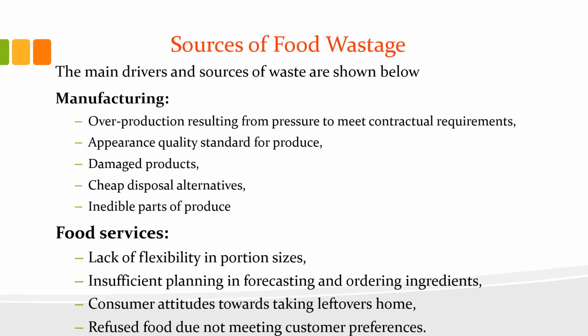Similarly, appearance quality standards for produce, sometimes they produce defective quality products which go as waste, damaged products, cheap disposable alternatives, and inedible parts of produce during processing. You may have seen, especially in fruits and vegetables, a lot of inedible parts produced like kernel, seed, and peel, which go as food waste.